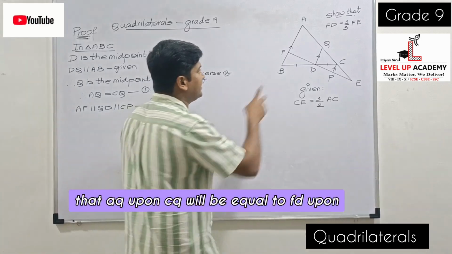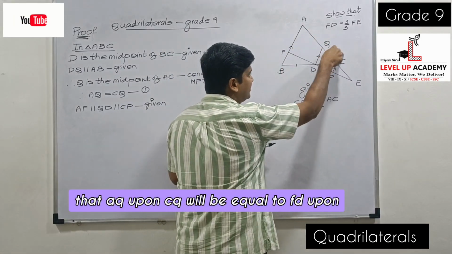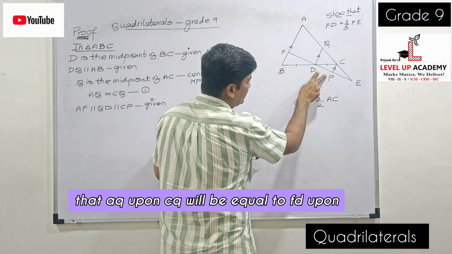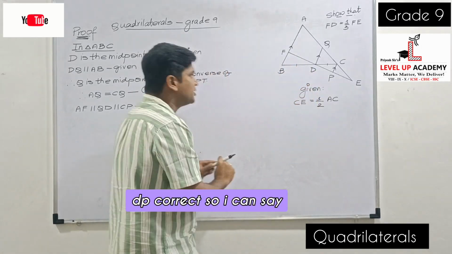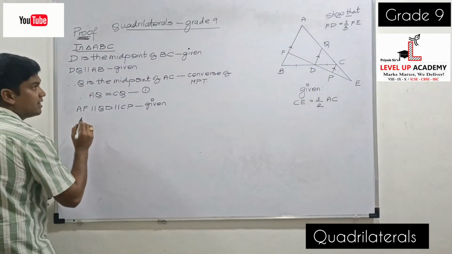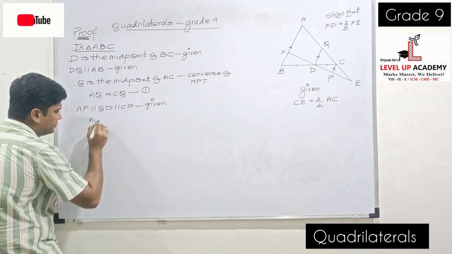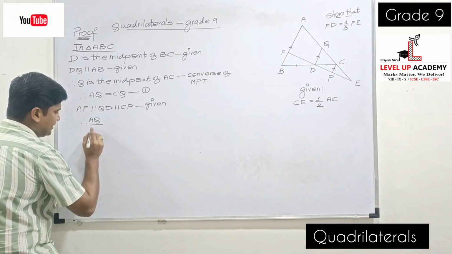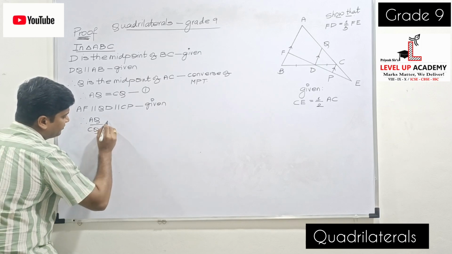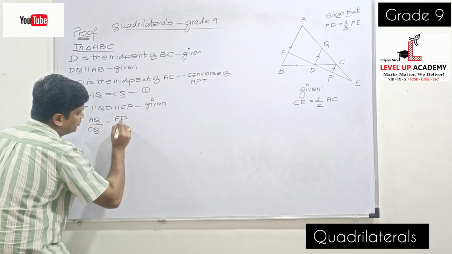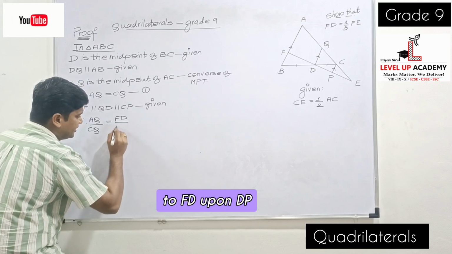So I can say that AQ upon CQ will be equal to FD upon DP. Correct? So I can say therefore AQ upon CQ is 100% equal to FD upon DP.